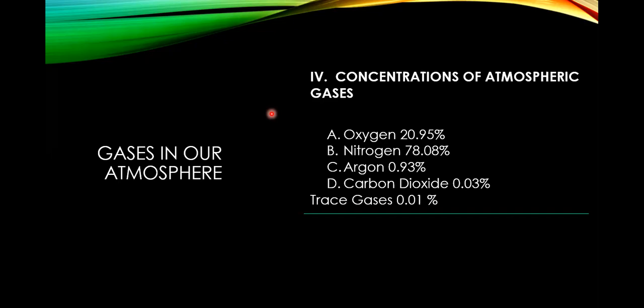And carbon dioxide, 0.03%. And trace gases, 0.01%. Those are all of the gases in the atmosphere. Each one of those exerts its own pressure. So you said that oxygen was 159. You said that nitrogen was 593. Well, what is argon? How much pressure does argon exert?